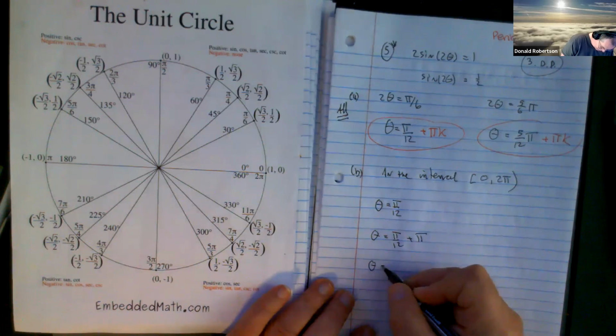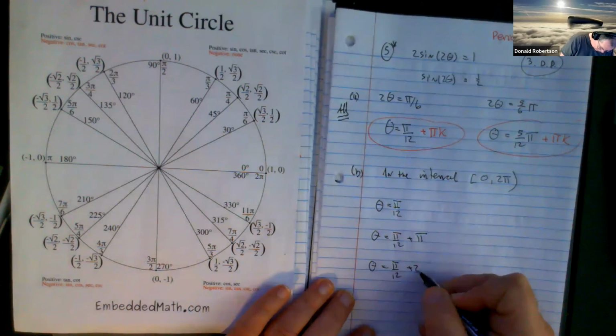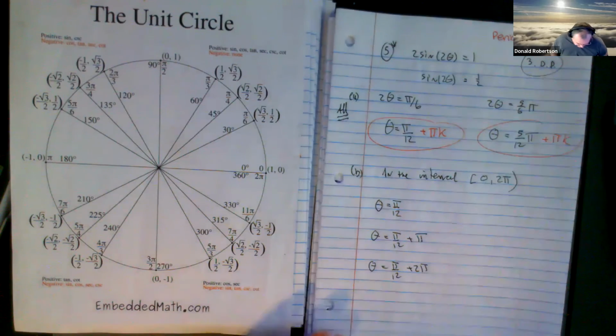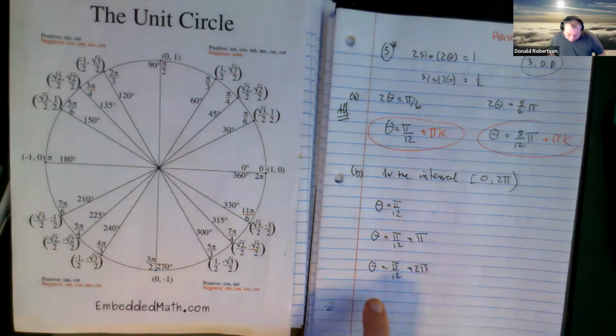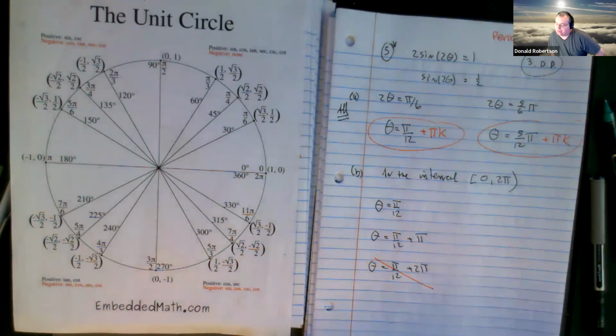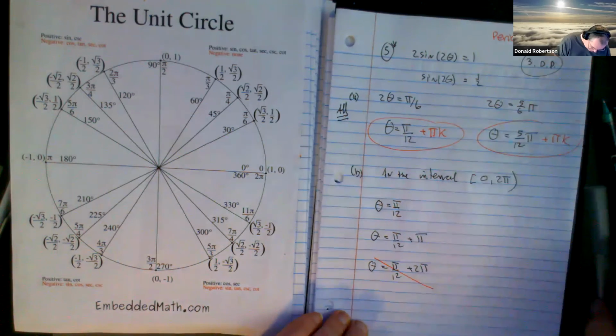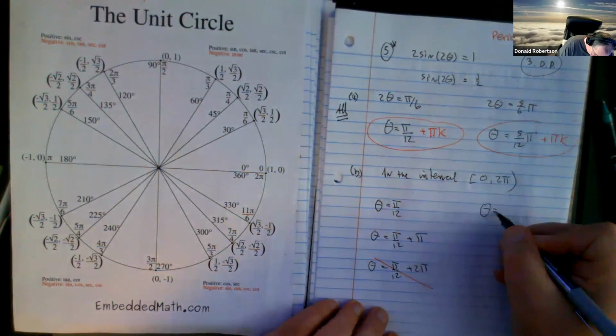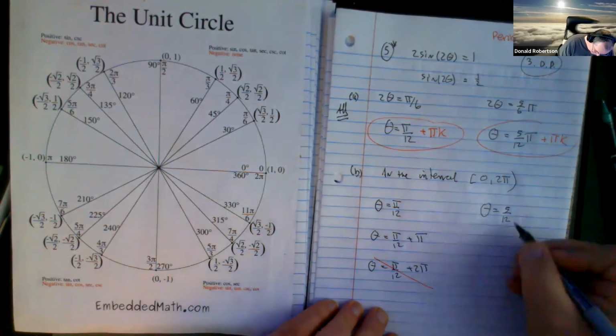My third answer will be that one, and so on and so on. Why am I going to kill that one and not use it? Because it's too large. You know, sometimes you get 2 or 3 answers, sometimes you get 5 answers, right? You just keep going until it's too big, right? Now, there's my first one.